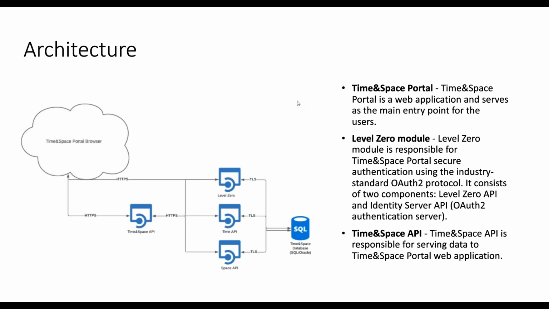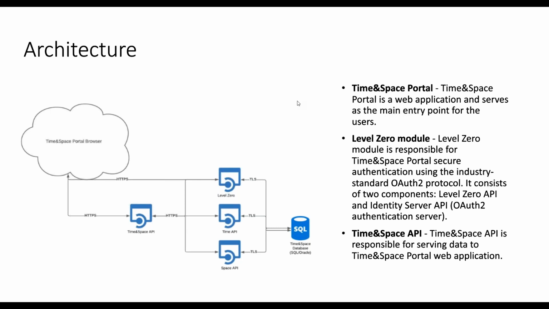This module has its own authentication part and does not use the existing authentication from Time&Space, but of course we added it so the user accounts from the existing users are synced into this new module, so the same username and passwords can be used. And of course, the third part is the Time&Space API.